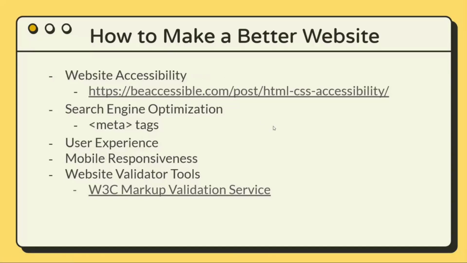This could also be adding alternate text for images, or image descriptions. So in case the image doesn't load for some reason, there's a short description displayed on the website that describes what the image looks like. And that's also something that screen readers can then use to describe to users what they're looking at.